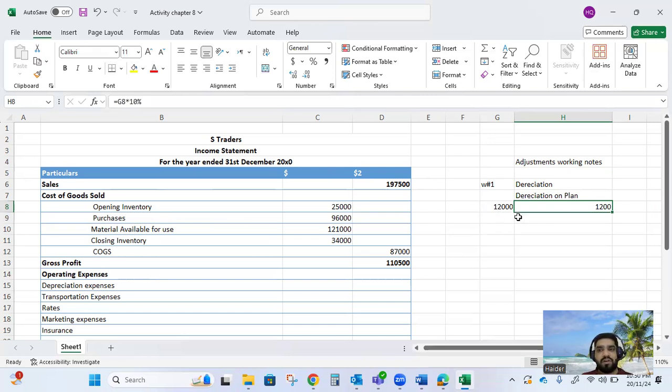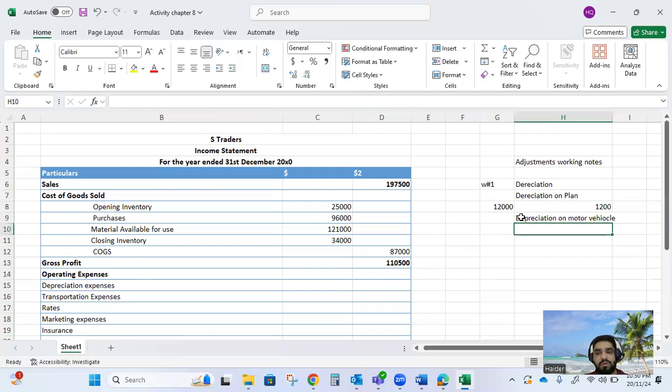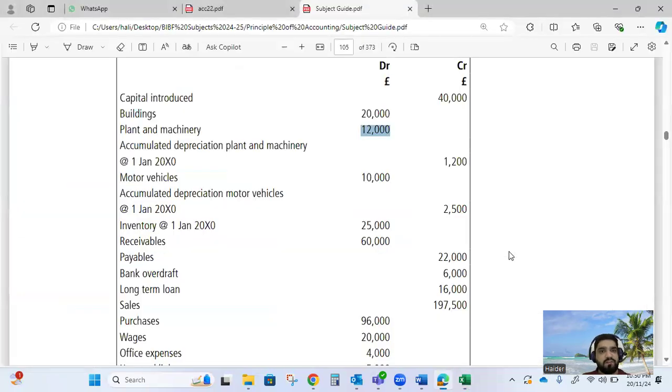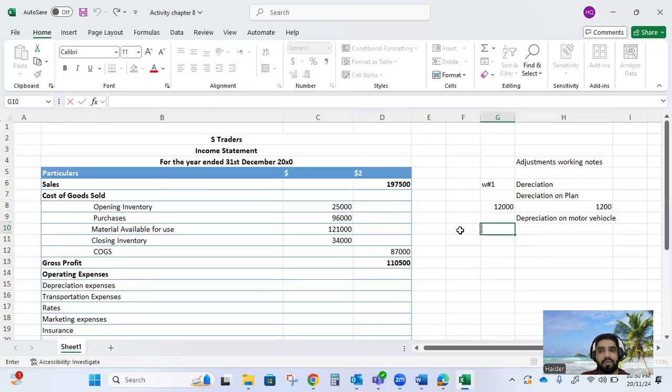However, there is another depreciation on motor vehicle. So I'm writing depreciation on motor vehicle. Because this was based on the diminishing method, we have to deal with a little bit of calculation. Cost minus accumulated depreciation. For the motor vehicle, its cost is 10,000.